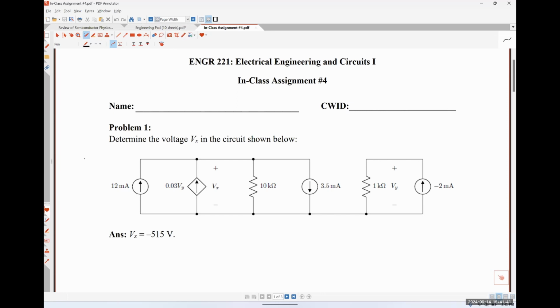And on the right-hand side, we have a smaller sub-network that's defining this voltage Vy. And this voltage Vy is what's controlling this current source over here. So I think that our first step should be to determine what the voltage Vy is. Does anybody have any idea how we might do that?